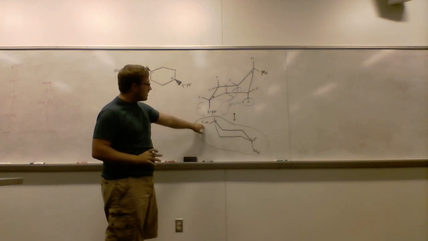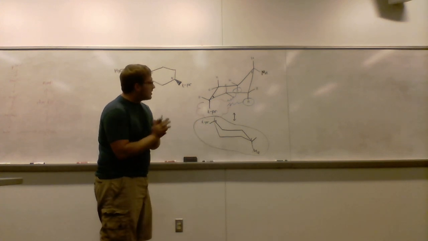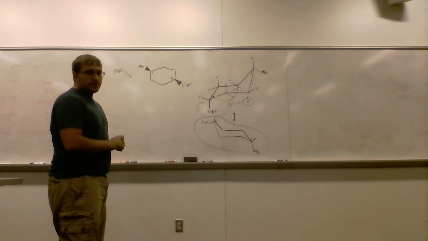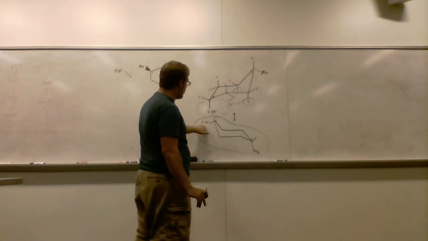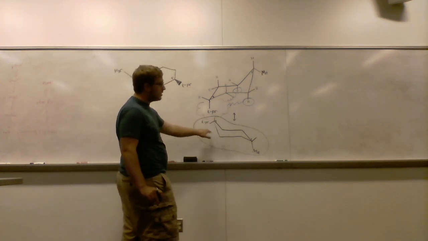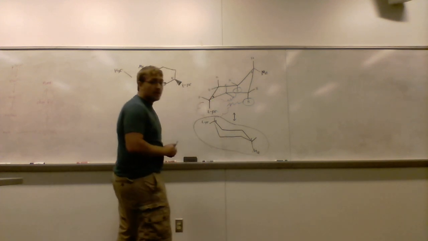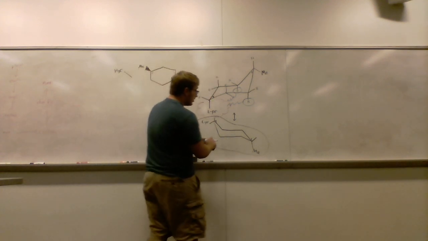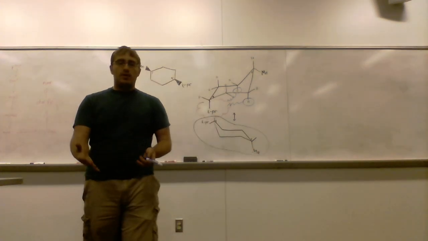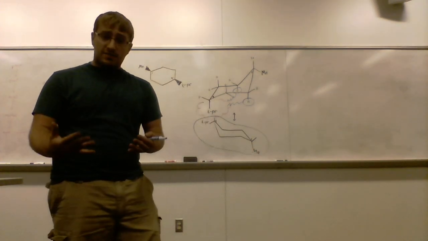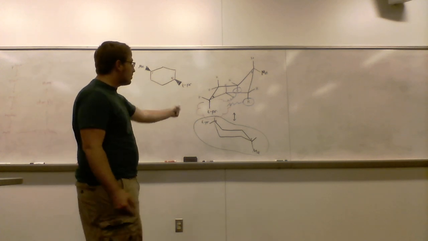I'd rather be in this equatorial position where I'm as far away from other constituents as possible. So we have isopropyl in the equatorial position, but we put methyl in the axial. Now, methyl will still be interacting with these hydrogens in the same way, but methyl is less bulky, so it's not going to have as much steric hindrance as the isopropyl group did.